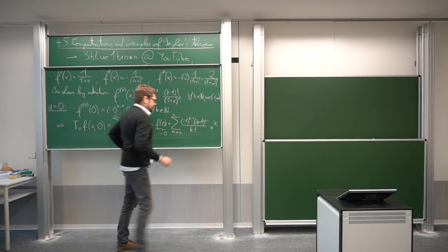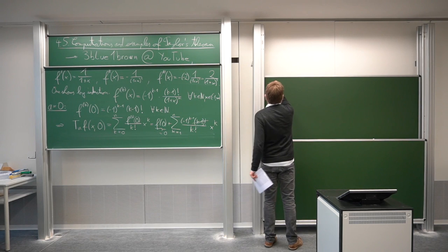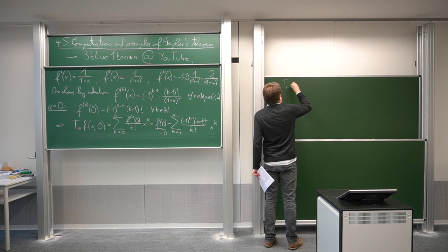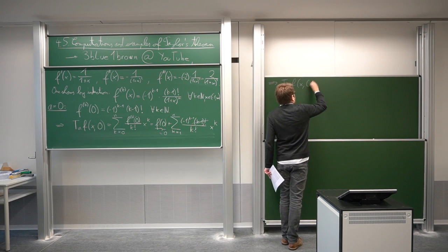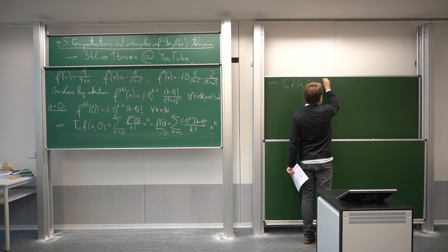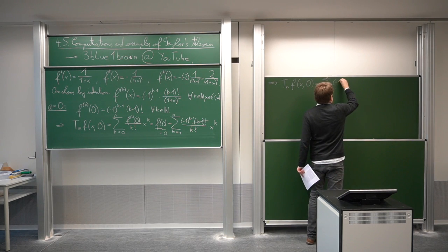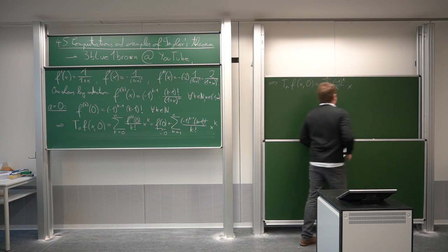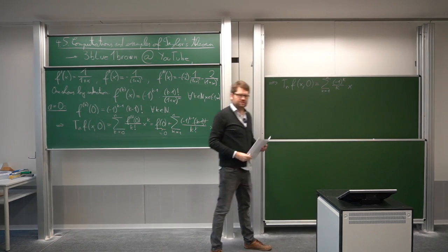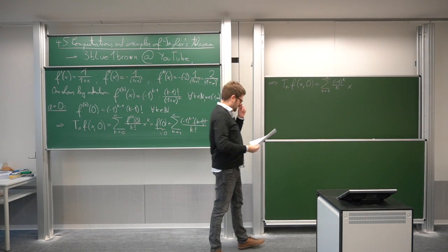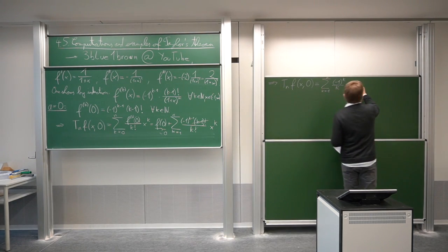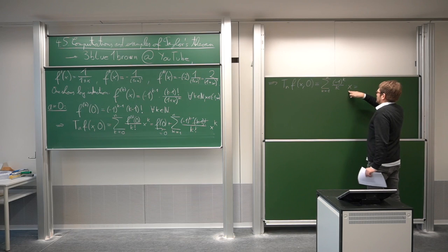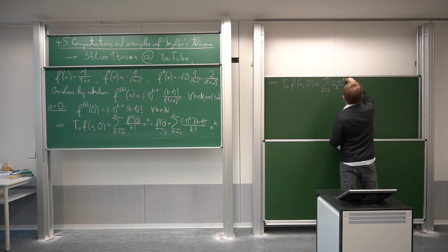So everything that remains is T_n f in x at 0 is the sum from k equal to 1 to n of minus 1 to the k minus 1 divided by k times x to the k, which is a surprisingly simple expression. This is not that complicated as a polynomial. I mean, we can just write this down explicitly: the first summand would be minus 1 to the k minus 1.